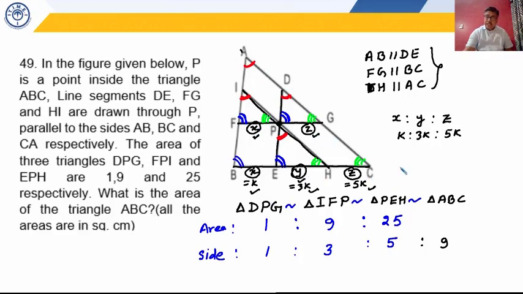Since x, y, z are in the ratio 1 is to 3 is to 5, in the same terms x plus y plus z, the corresponding side of the bigger triangle, can be written as 1 plus 3 plus 5, which is 9. So what should be the area of triangle ABC? Can I say 81? If the ratio of corresponding sides is 1 is to 3 is to 5 is to 9, the ratio of area would be 1 is to 9 is to 25 is to 81. Can I see? Yes, let us move to the next one.